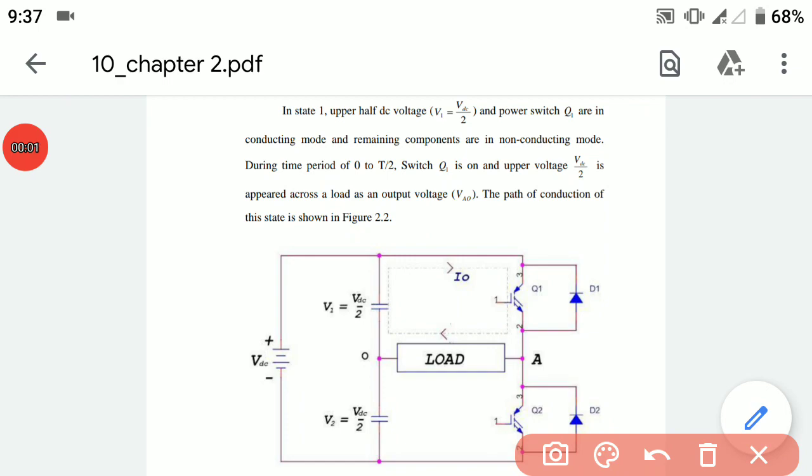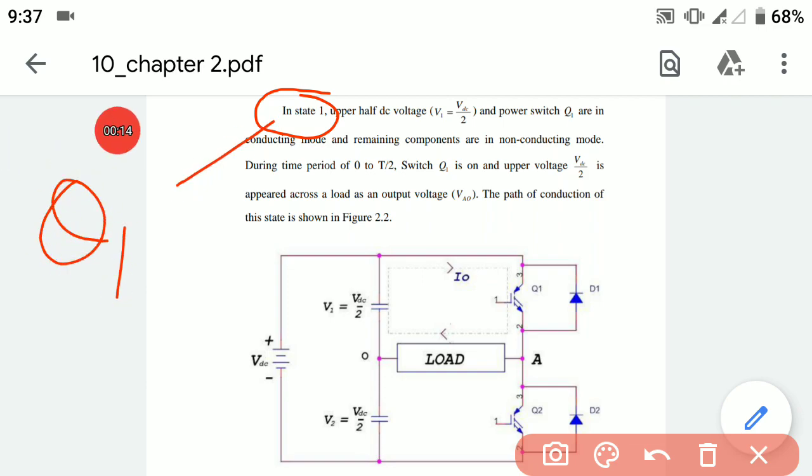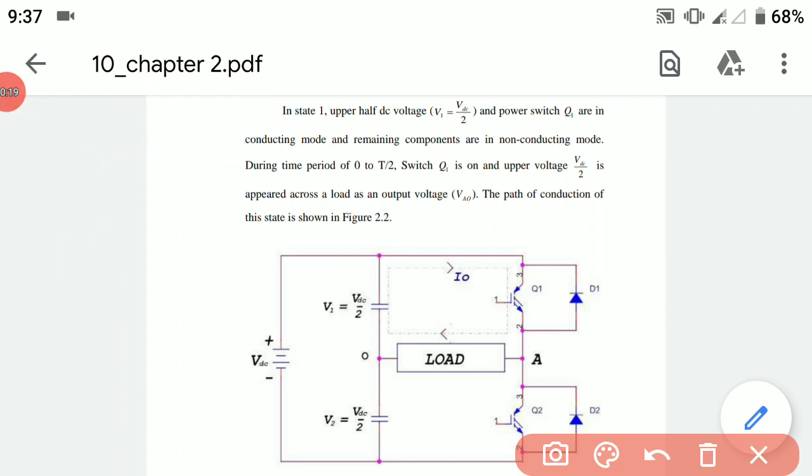This is the working of a single phase voltage source inverter in state 1. In state 1, the switch Q1 will be in conduction mode. In this state 1 we have the upper half DC voltage, that is VDC by 2, maintained across the capacitor C1, and the power switch Q1 is in the conductive mode.